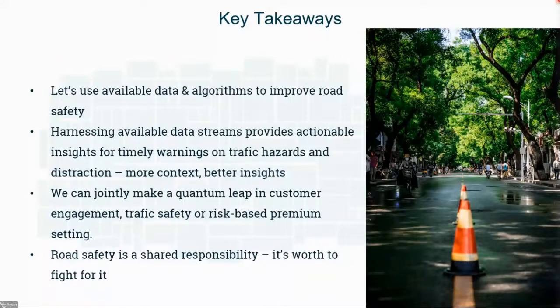And I think the positive message here is that if we harness all these available data streams and are able to come up with insight and timely warnings on these hazards, on these distractions, we can jointly make a quantum leap in customer engagement, in traffic safety, or in risk-based premium settings, if that's the business you're in.